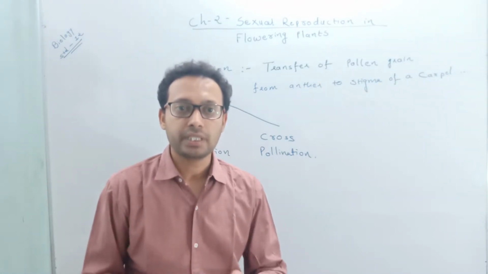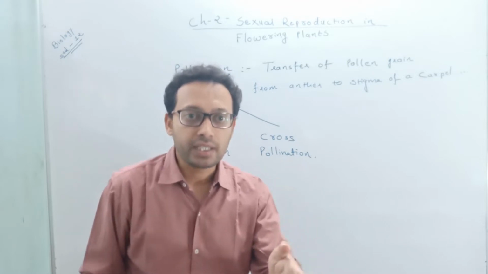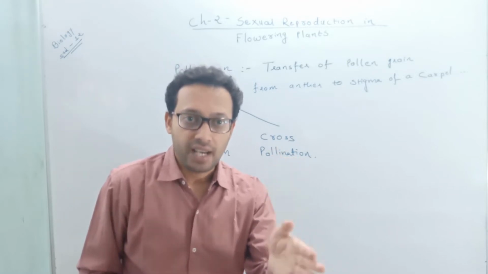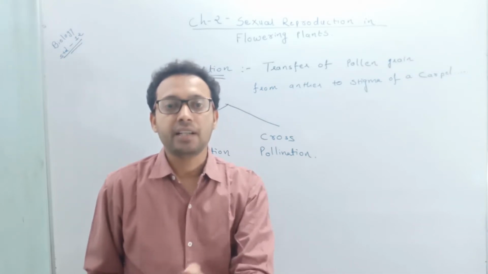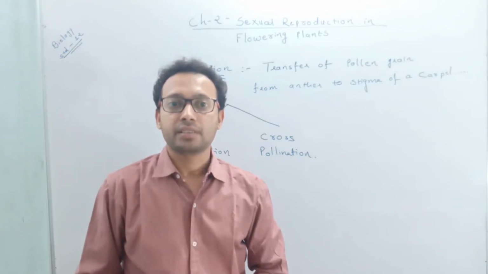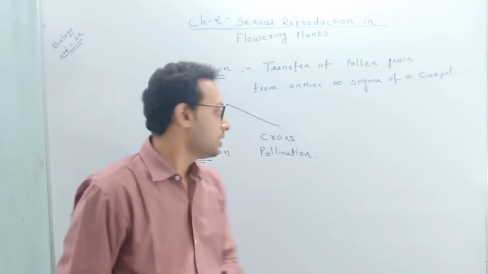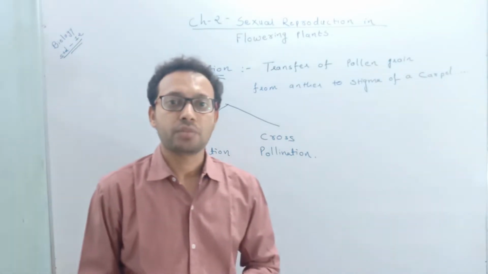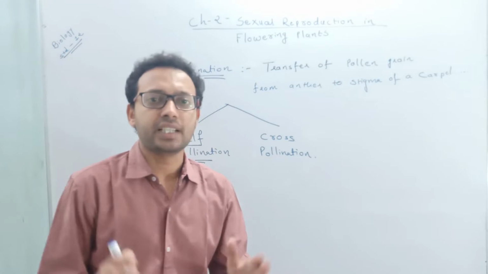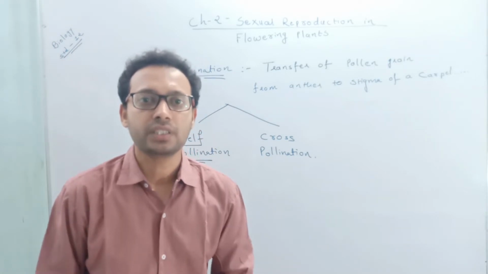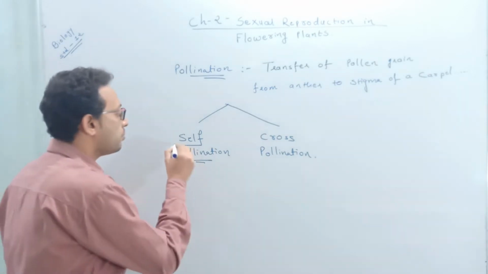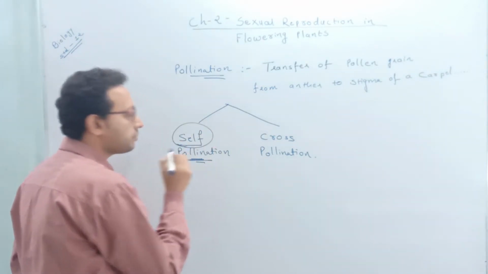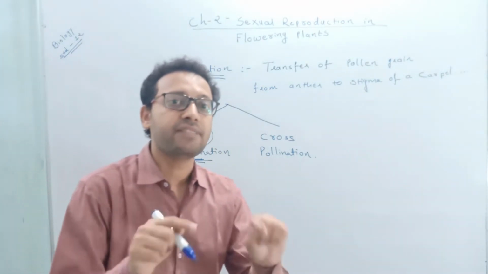It means transfer of pollen grain from a flower to another flower of the same plant. Usually it occurs within the same flower or within different flowers. This is called self-pollination. Most of the time it occurs within the same flower.